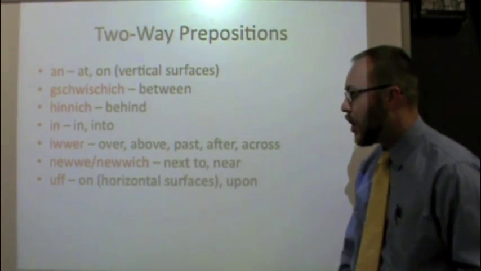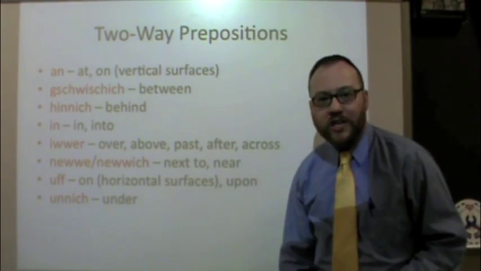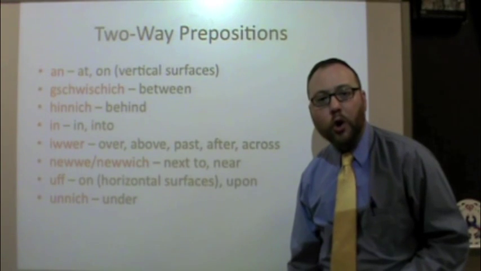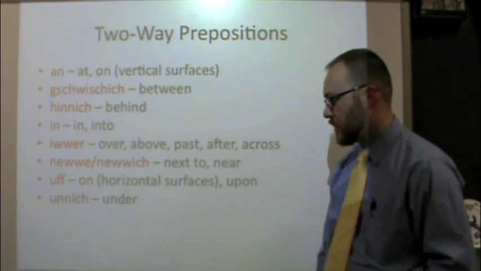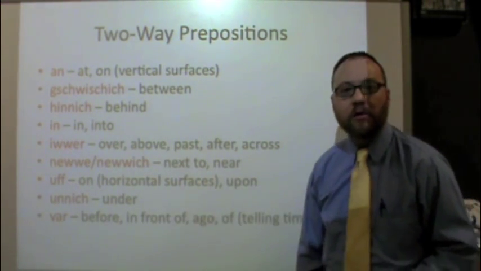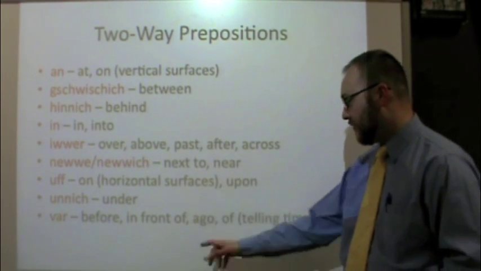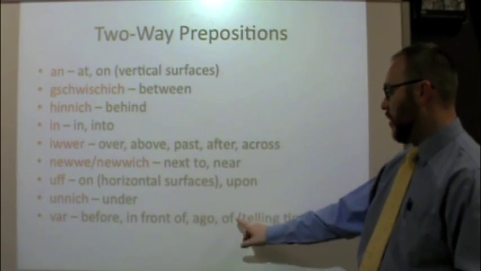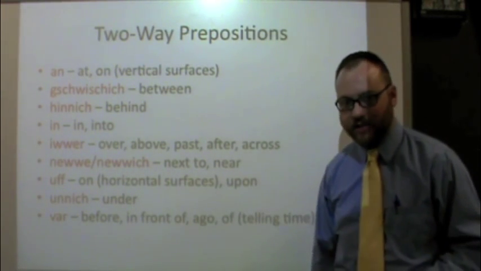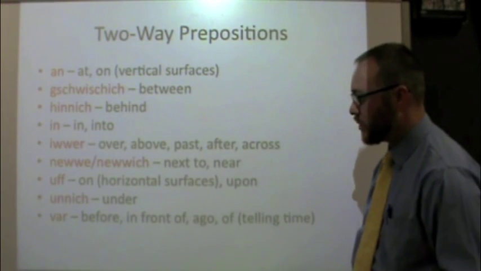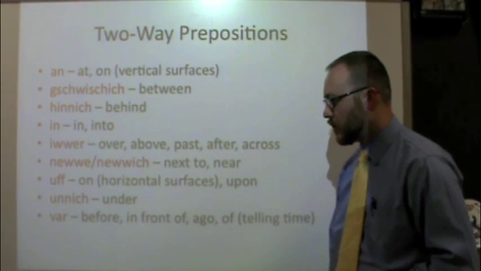It also can mean upon. Unig, under. And var, which means before, in front of, ago, or of, like in the instance of telling time, okay? Which we did cover that word before. Okay.